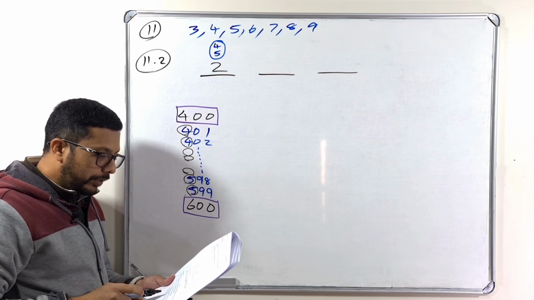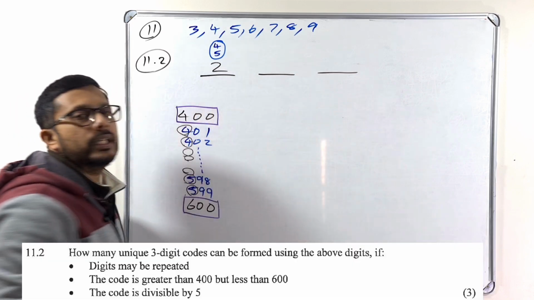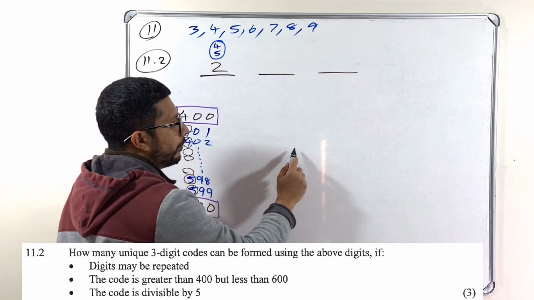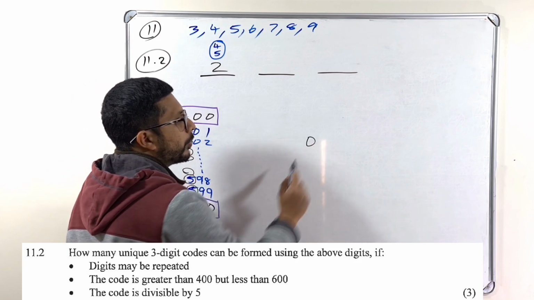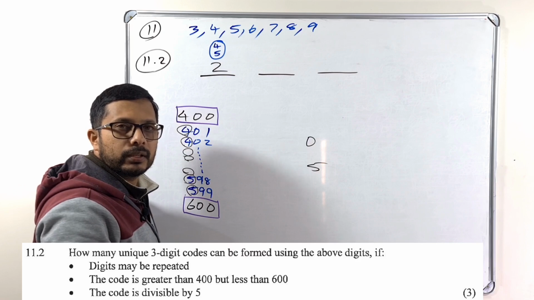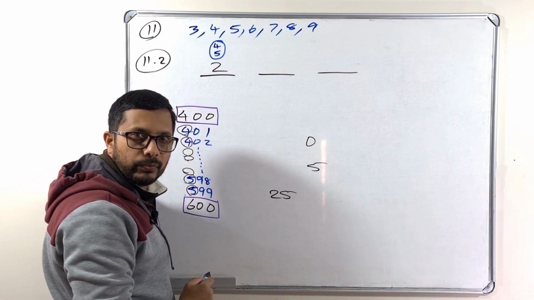Then, the code is divisible by 5, so this 3-digit code must be divisible by 5. For a number to be divisible by 5, the last digit must be 0 or 5. If it is 25, it is divisible by 5, am I right?